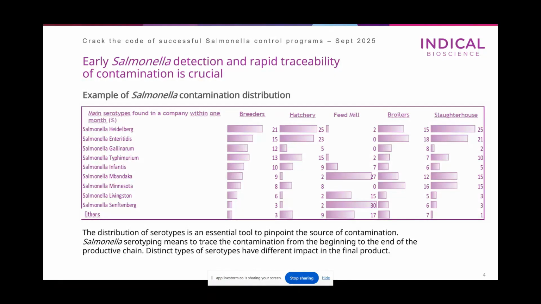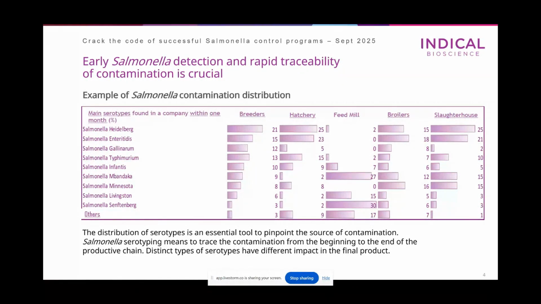This information helps you to pinpoint the source of contamination, and you can trace it from the beginning to the end of the productive chain. So that is a very important piece of why you need to serotype contaminations in general in all the production sites.